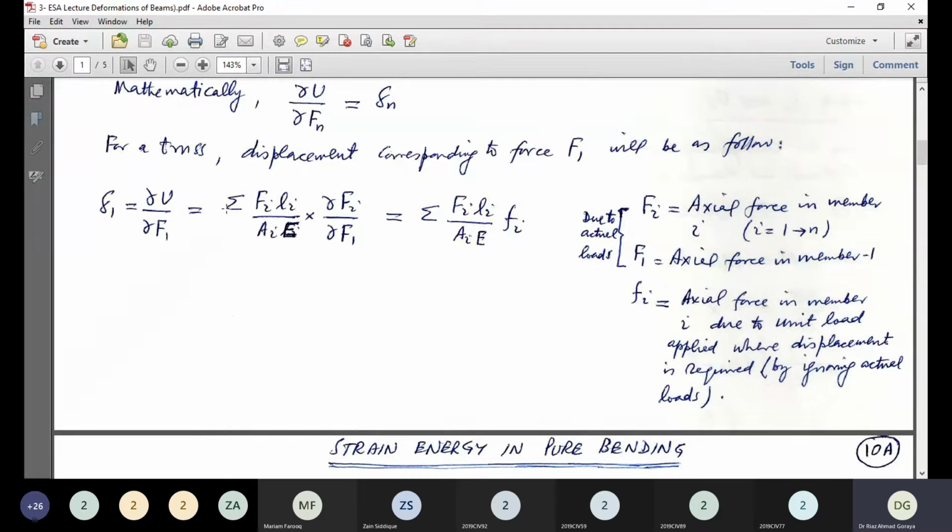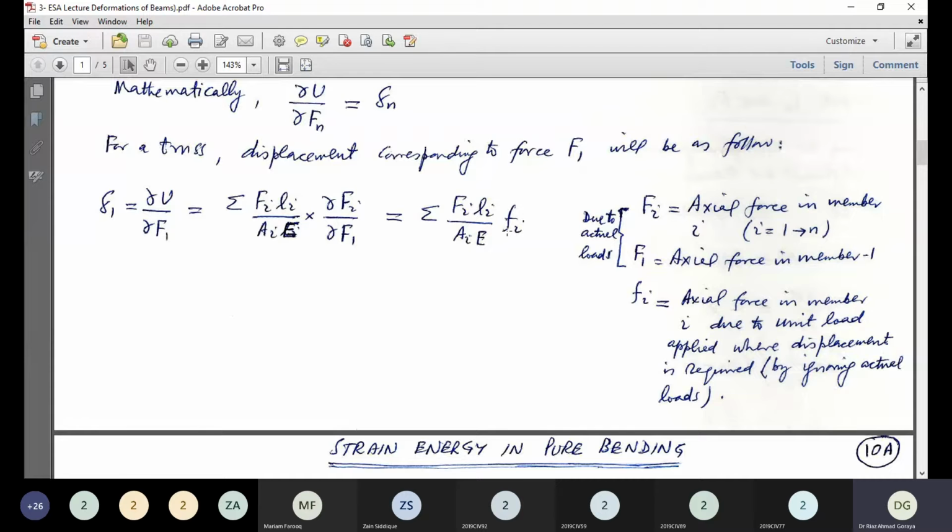So this will be sigma Fi Li over Ai into E into partial Fi over partial F1. Either we will use the equation in this form or we will use the equation in this form, that is, partial capital Fi with respect to the load F1 has been replaced by small fi.